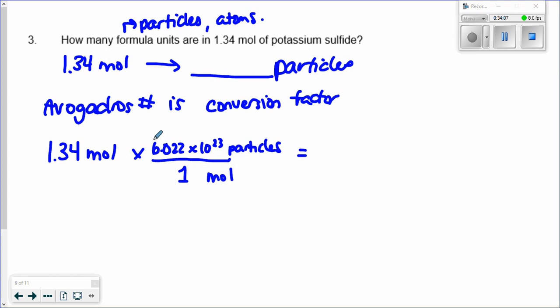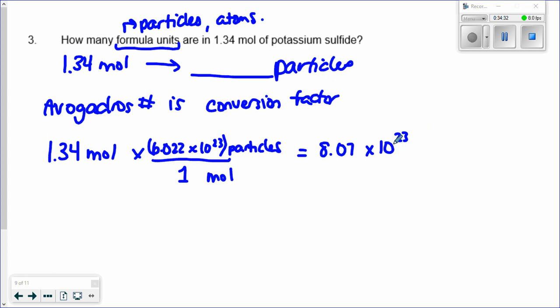So here's hoping you can put this into your calculator properly. What we would end up getting is 8.07 times 10 to the power of 23. Oh, I guess I've switched from formula units to particles. I'll probably answer it in formula units just in case.